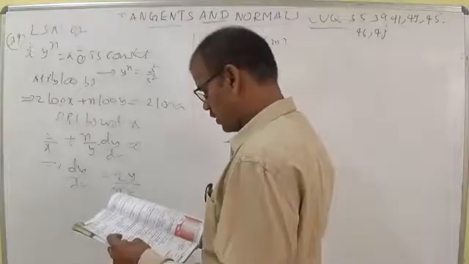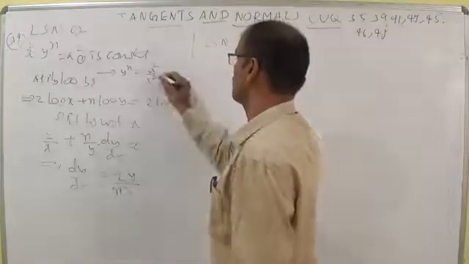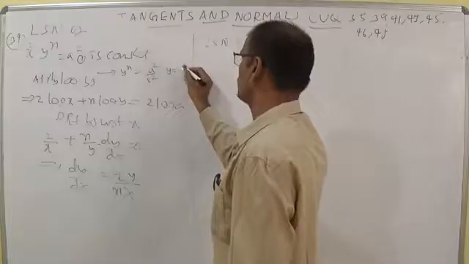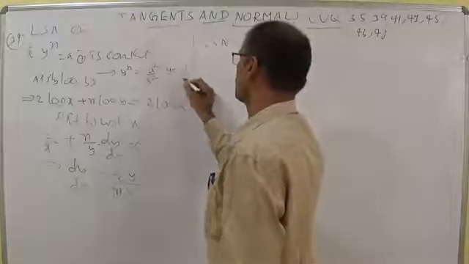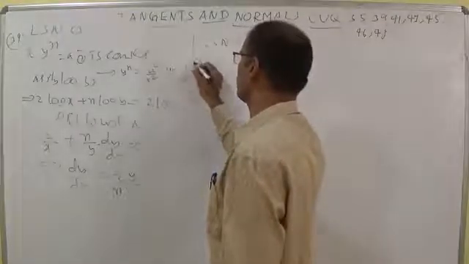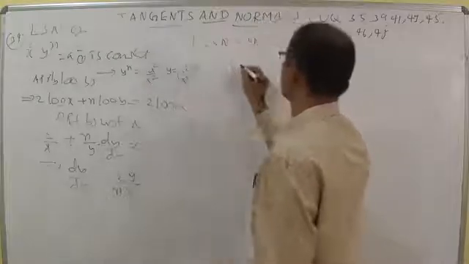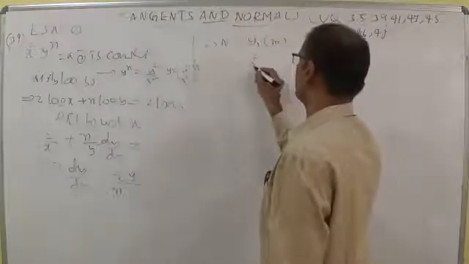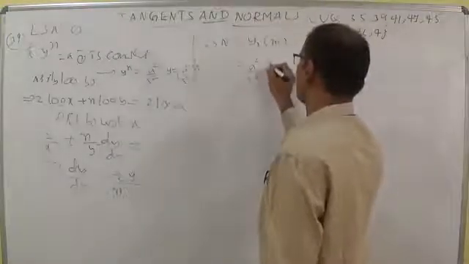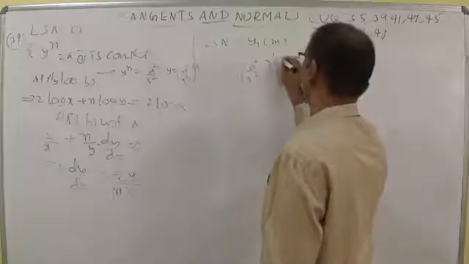So y power n is equal to a square by x square, and y is equal to a square by x square whole power 1 by n. LSN is equal to a square by x square whole power 1 by n into m.